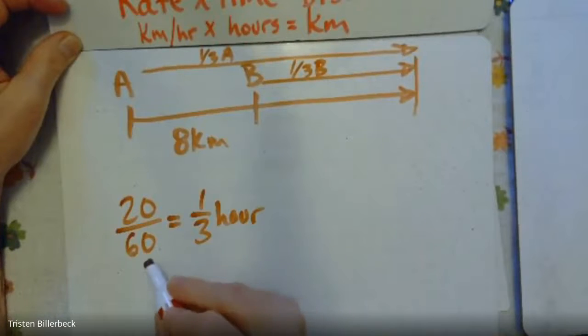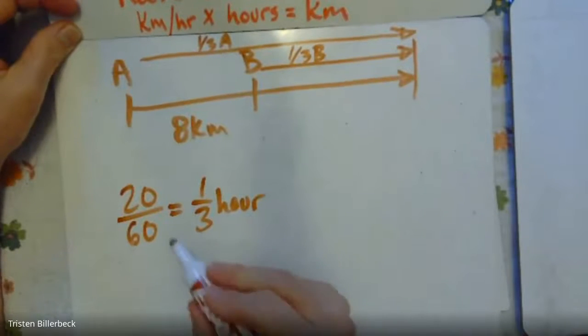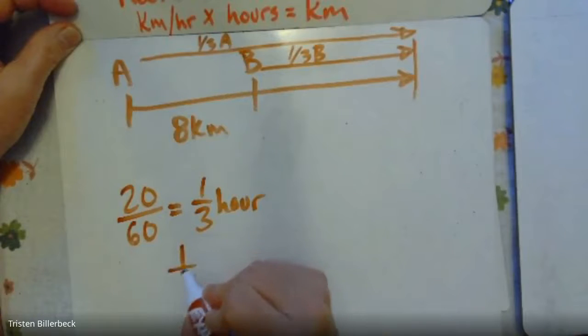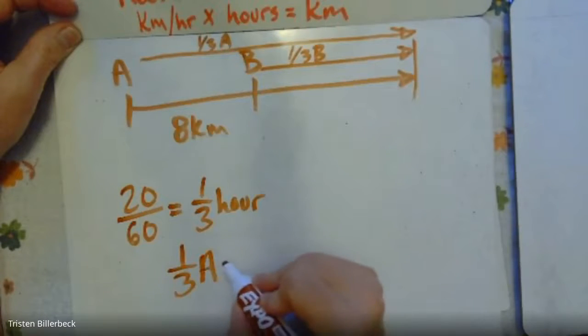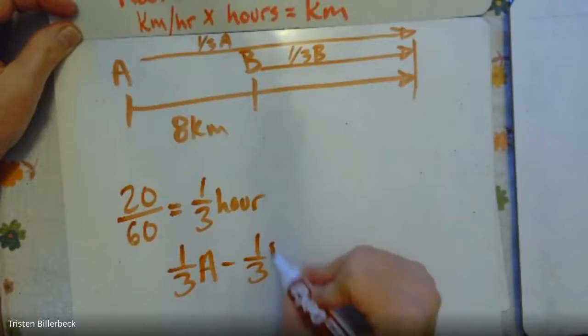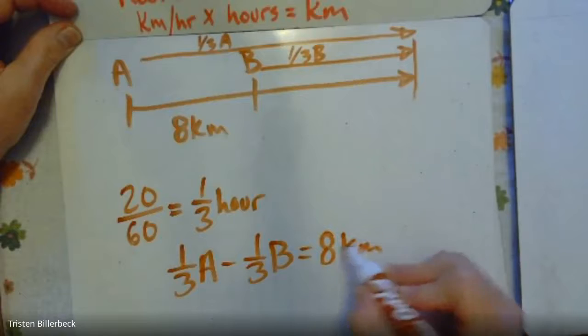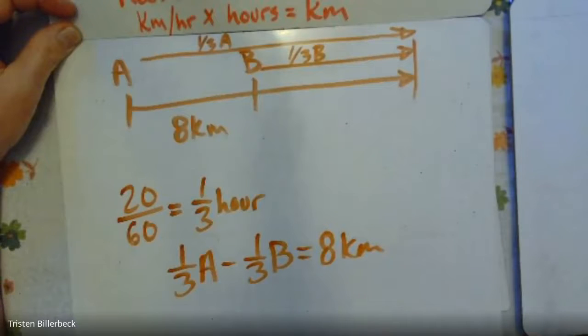So our second equation is going to be 1/3 A minus 1/3 B is going to equal 8 kilometers. Okay, so there we have it.